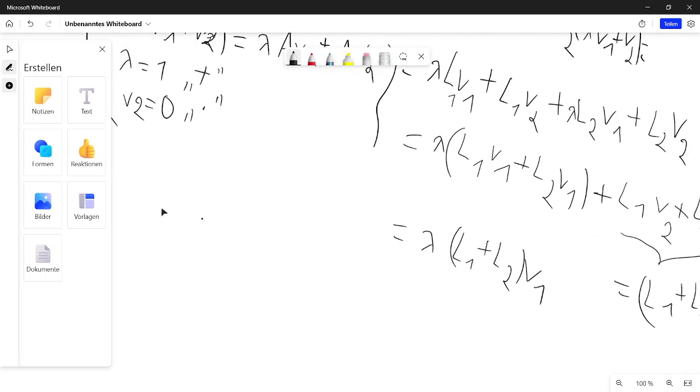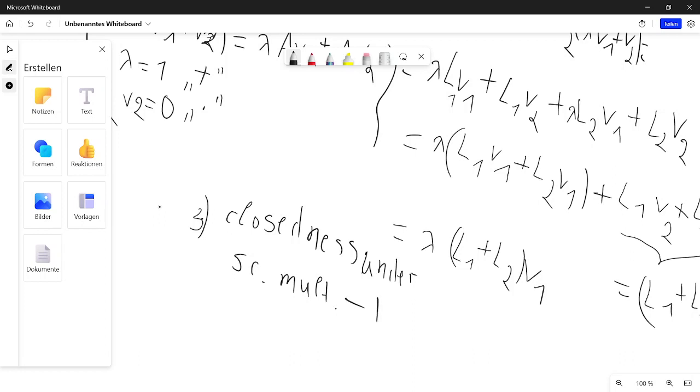All right, next scalar multiplication, that probably will be homework, right? Show closedness under scalar multiplication. That's even easier. You'll see here you won't have two maps, so it's easier. You can do it yourself. Closedness under scalar multiplication, that's homework.